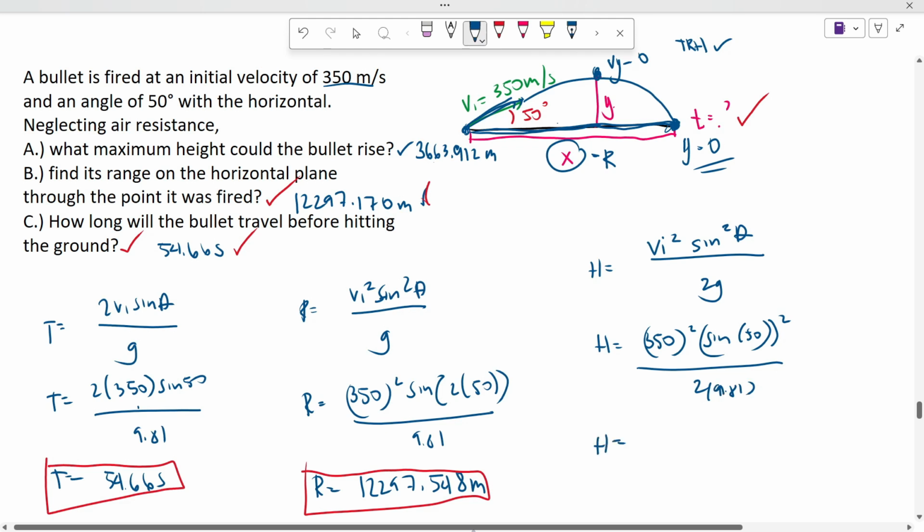So, what will H be? Just insert it in the calculator, then 2, 9.81. So, the height will be 3663.912 meters. So, this will be the maximum height, guys.